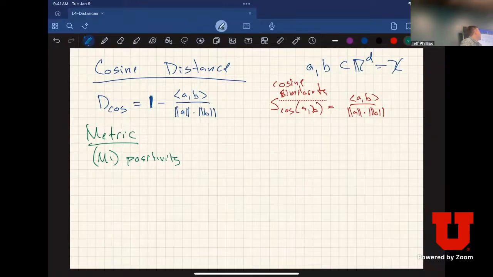Yeah, so I'm normalizing the vectors A and B. I'm basically dividing them by their length before taking the dot product, or afterwards. It doesn't matter, it's a linear thing that you can factor out.